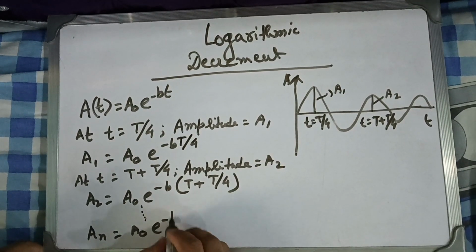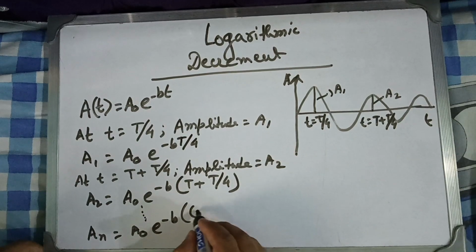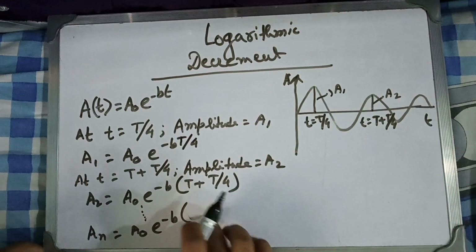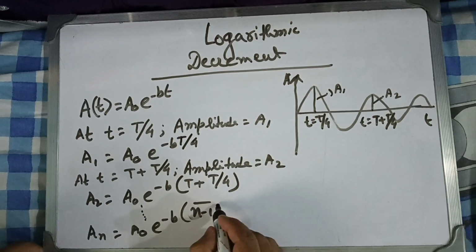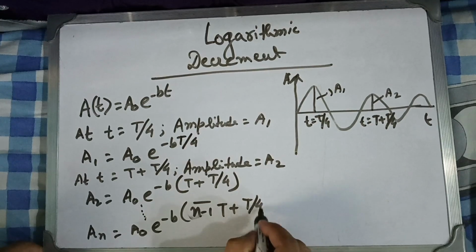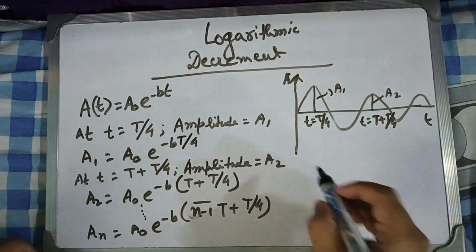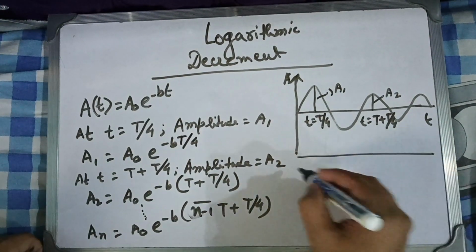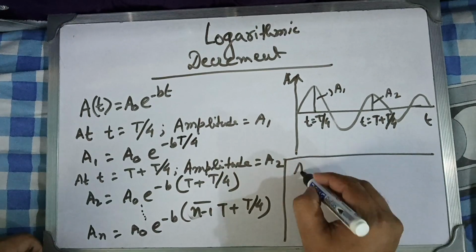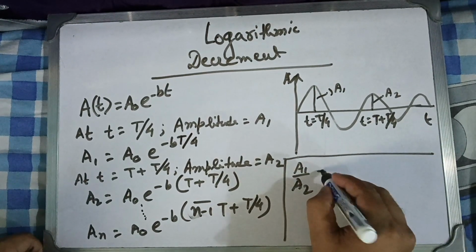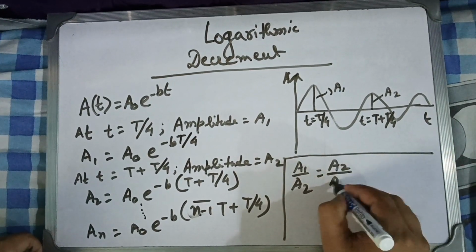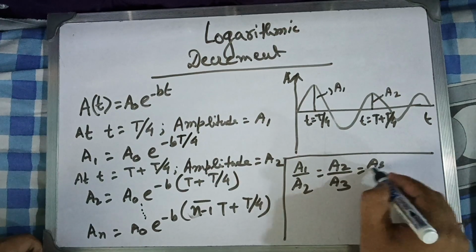Now if we take the ratio of the consecutive amplitudes like a1 by a2, a2 by a3, a3 by a4, like that, so ultimately we will reach an minus 1 by an, and you can see that the value is equal for each case, that is e to the power bt.